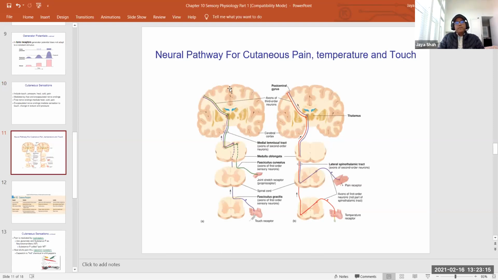Here is your brain. Here is the spinal cord level. Before I do this, I want you guys to remember which area of the brain is the primary sensory area, the somatic sensory area. Postcentral gyrus. Postcentral gyrus is part of which lobe of the brain?